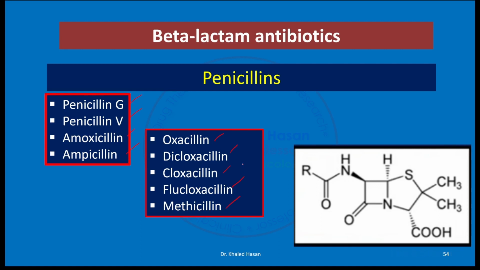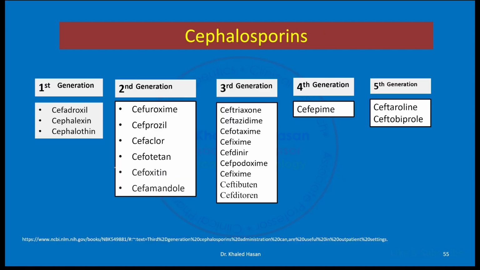Then we have methicillin. So this is a group of medication belonging to the penicillin, starting according to the history and discovery: penicillin G, penicillin V, ampicillin, amoxicillin, cloxacillin, dicloxacillin, and so on.